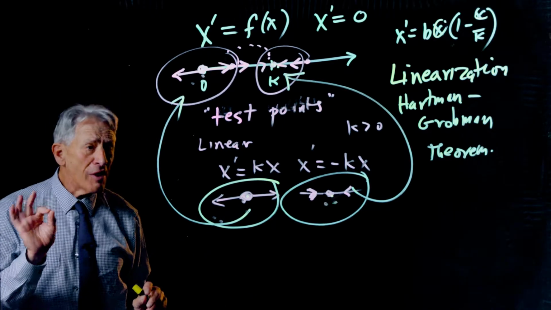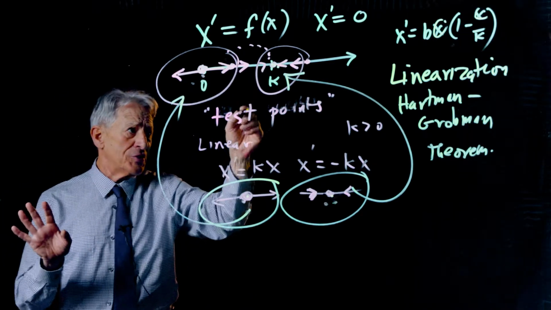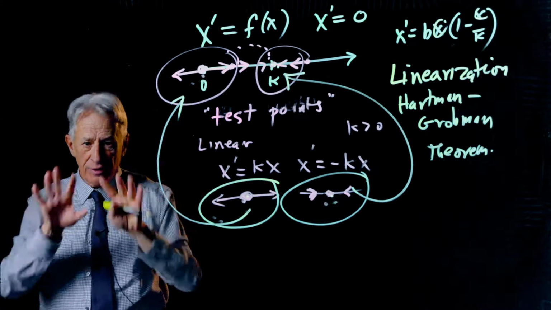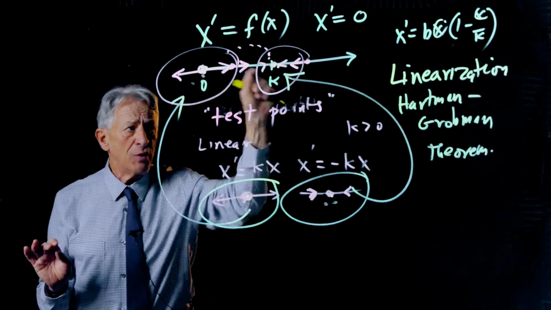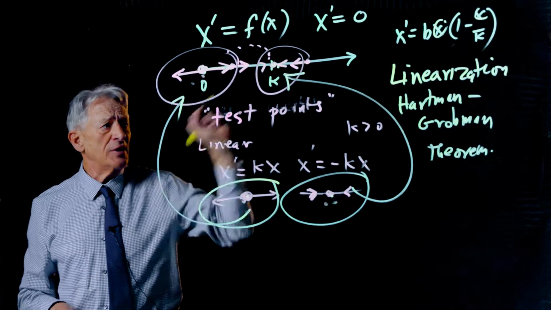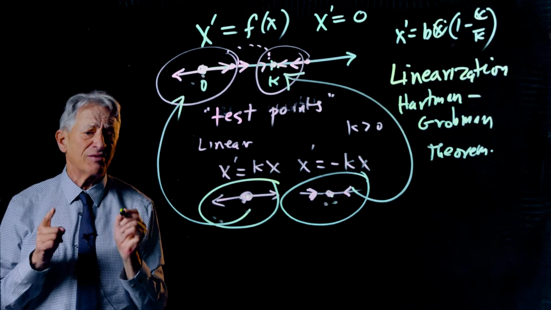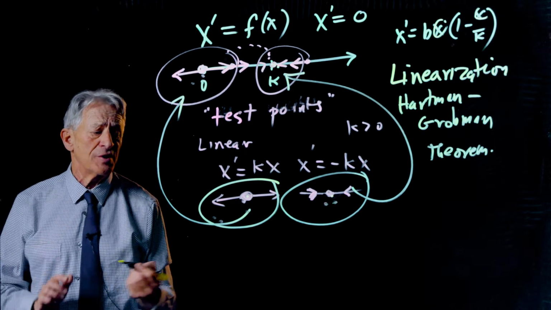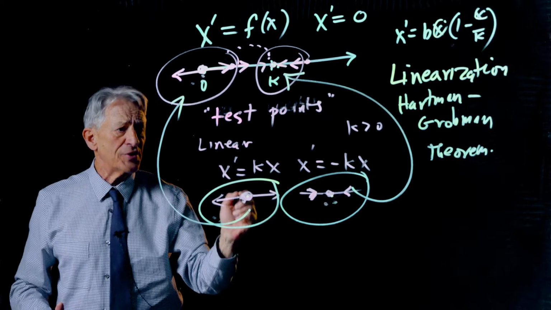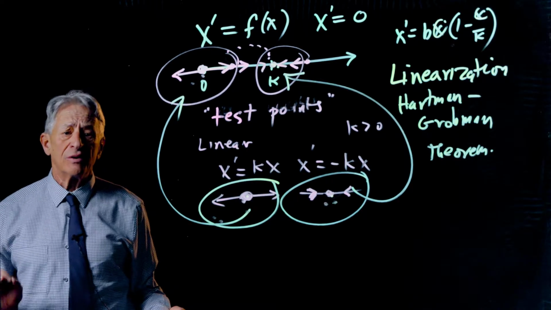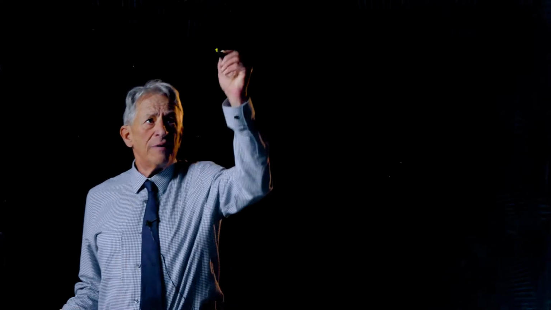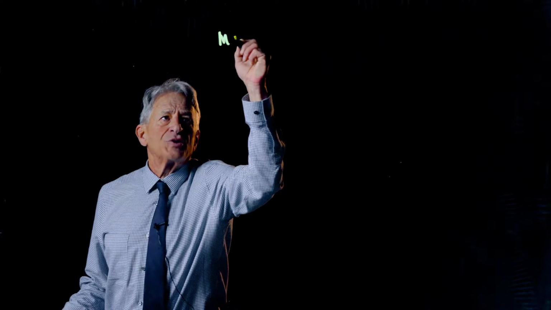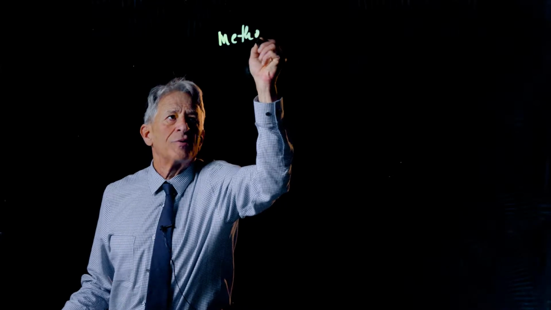Now, far from the equilibrium points, the nonlinearity takes over and things can get crazy. But near the equilibrium points, these nonlinear equations act like linear equations, and their equilibrium points act like linear equilibrium points. So we now have a method, which is the method of test points.